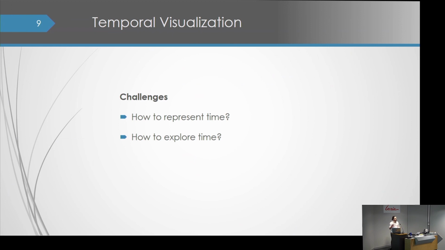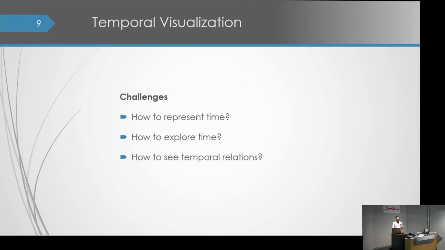Maybe it needs some interaction to explore. And finally, how to see the temporal relations, so basically the link between time and the other dimensions, the other information present in various kinds of data sets.